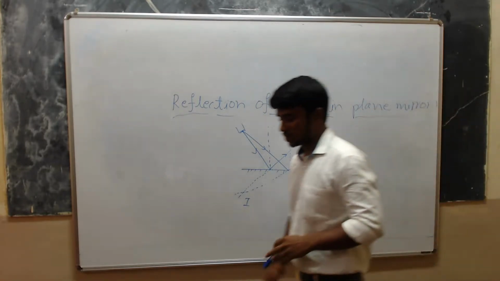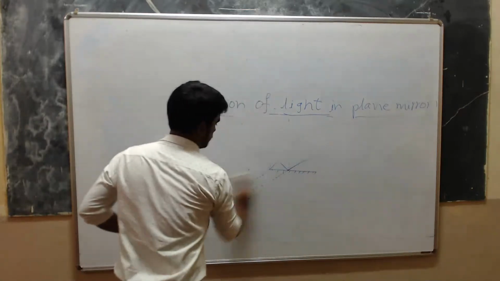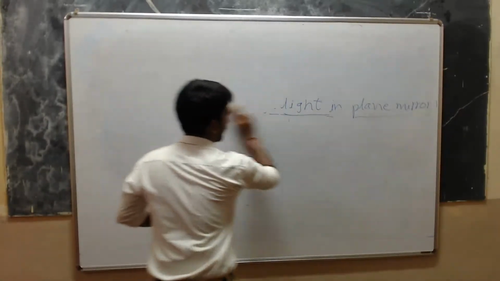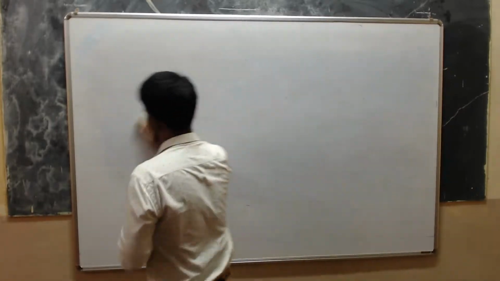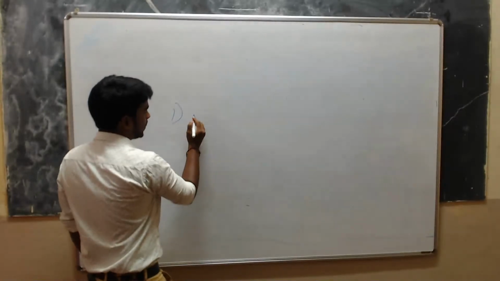So this is the first property of the plane mirror. What is the first property?